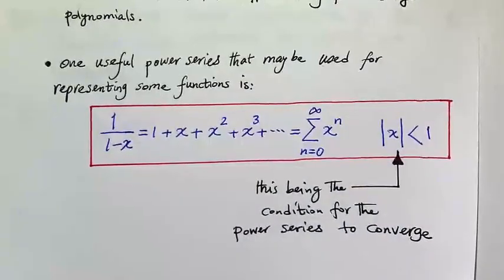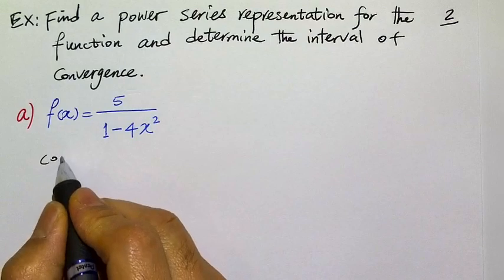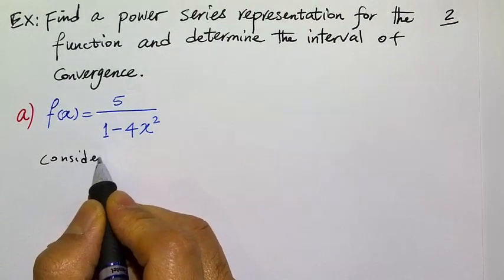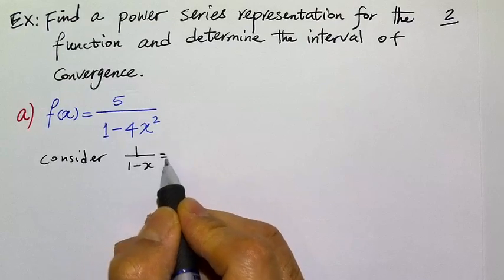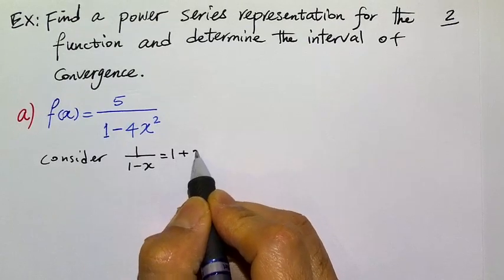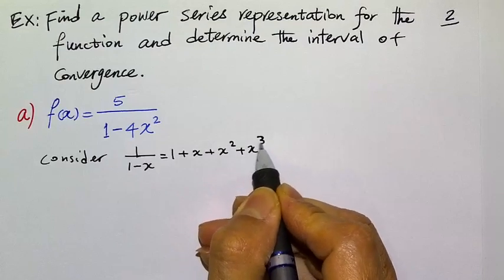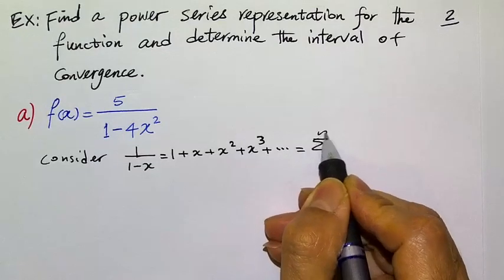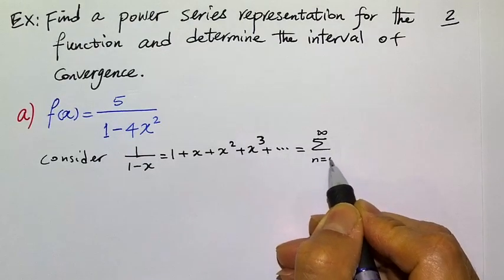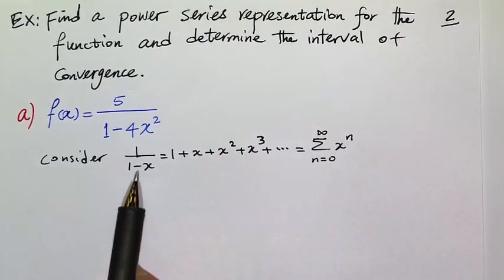I'm just going to rewrite it here, with a few of its individual terms like that. So this power series is represented by this function we're saying.